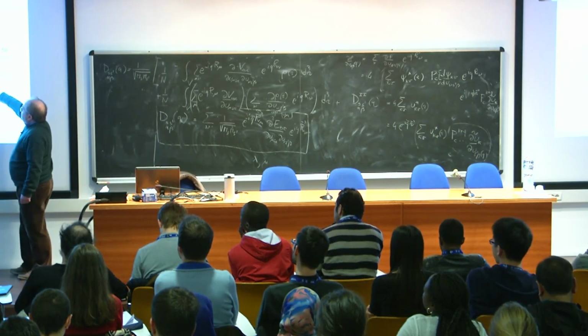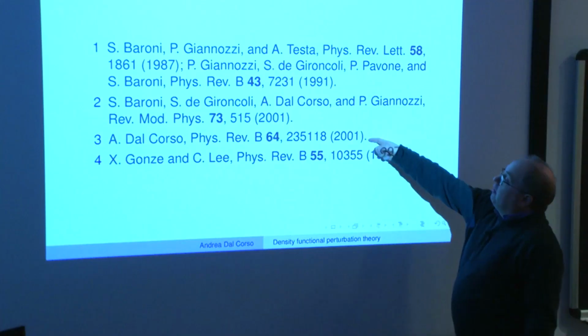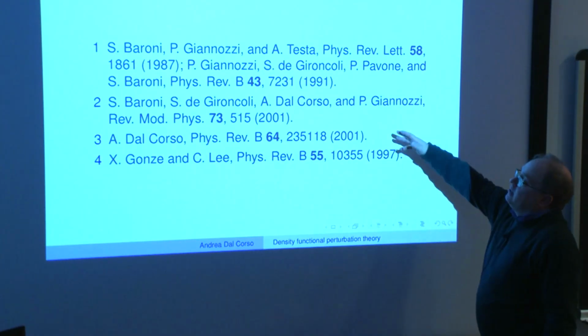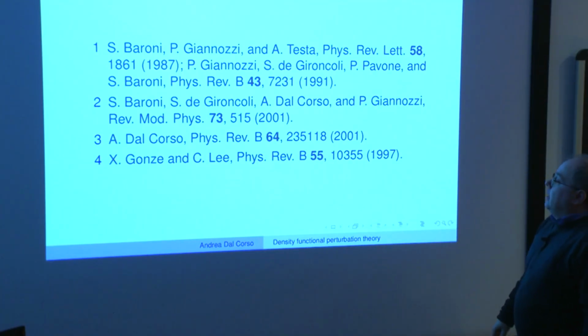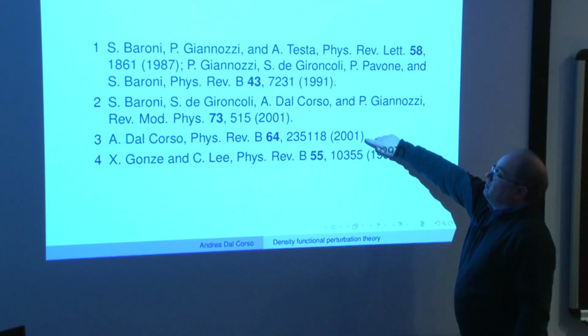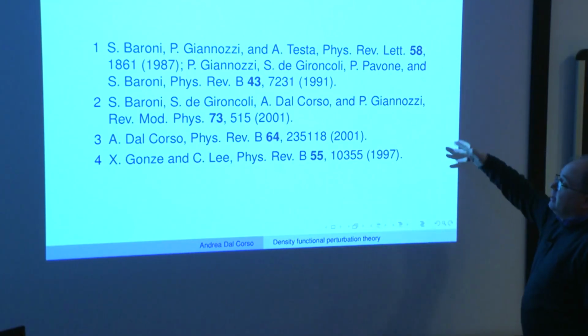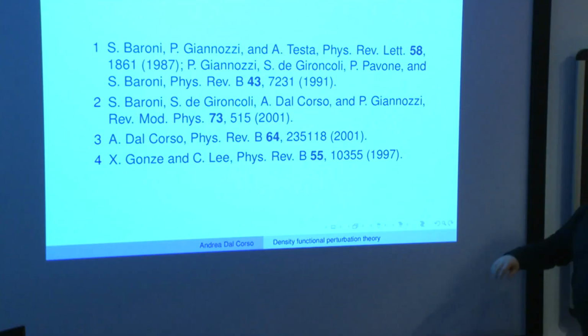Some detailed derivation is given in this paper that I wrote in 2001, also for the ultrasoft case, written in this more elaborated form, but really the result was here, except for the ultrasoft, where this detailed derivation in some sense was needed. And this part will be instead for the next lecture.